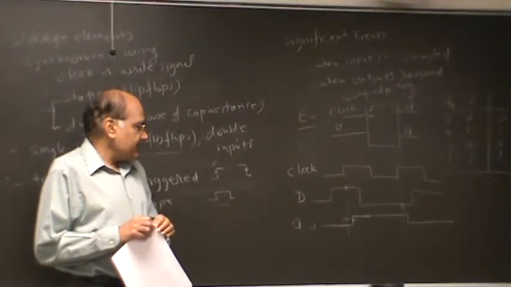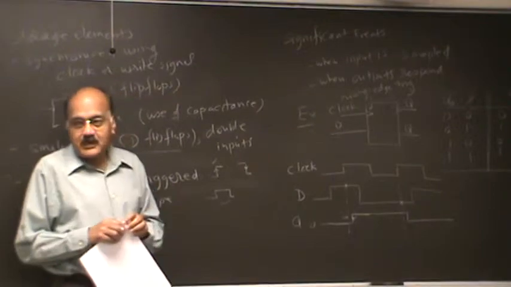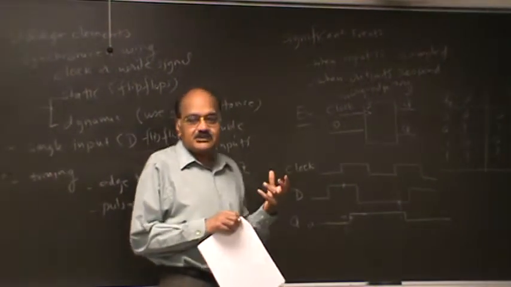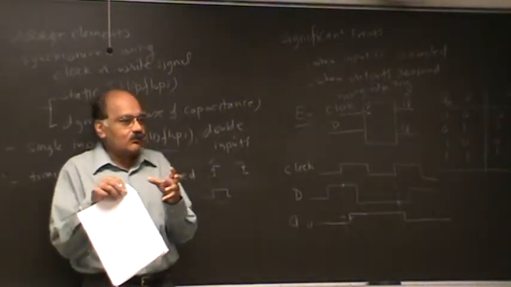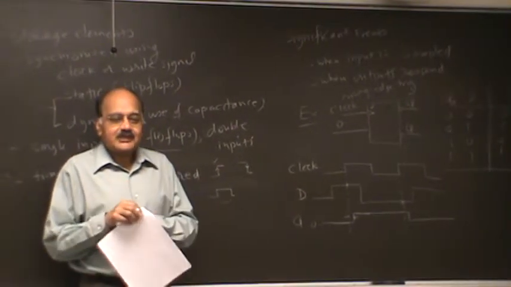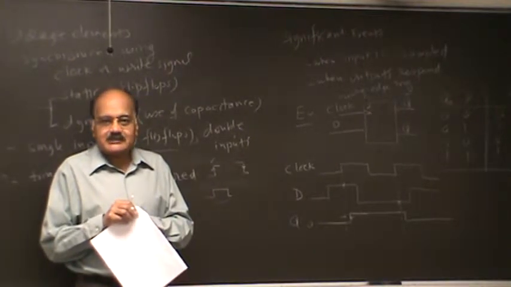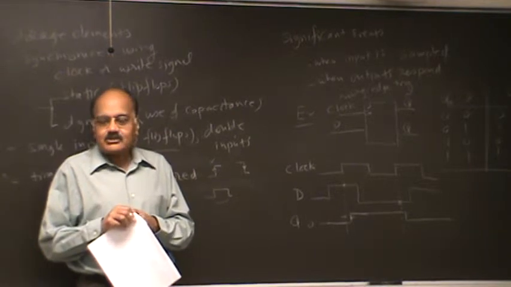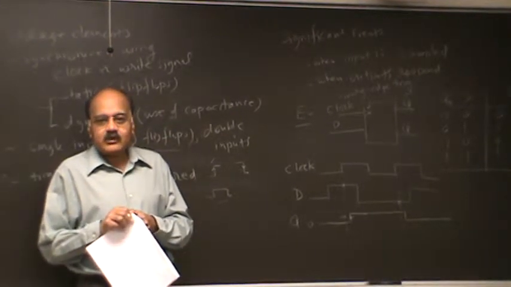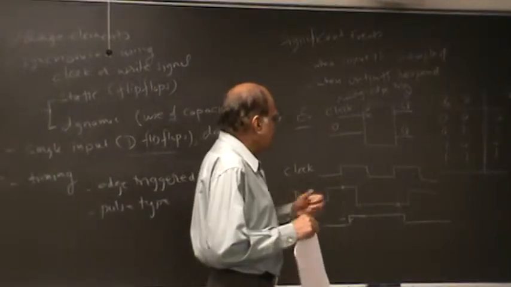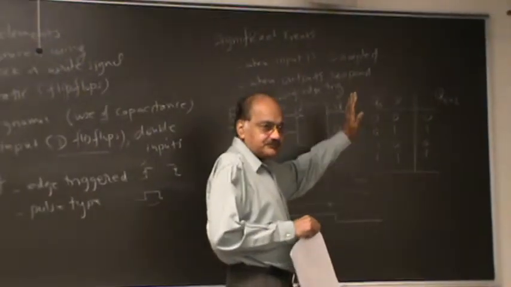And in some rare cases, there is a possibility that the flip-flop may get into some metastable state, which is a state between 0 and 1. And sometimes a flip-flop, once it gets stuck in a metastable state, may stay there for a few nanoseconds. And that is going to confuse the logic that comes after the flip-flop.